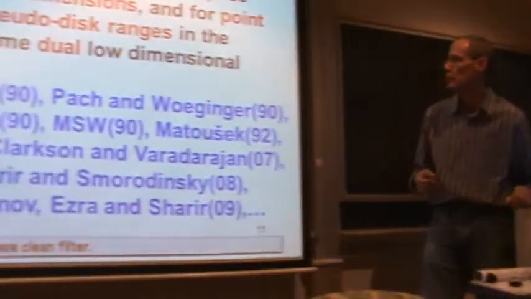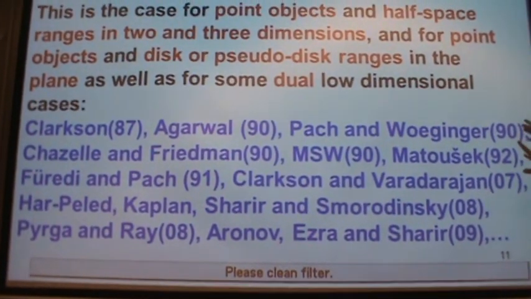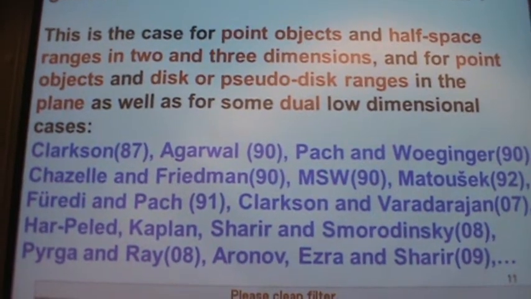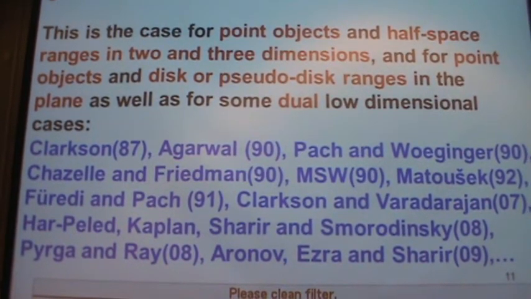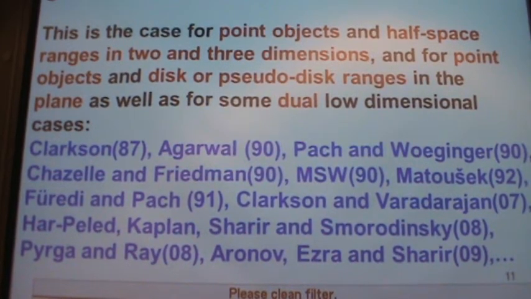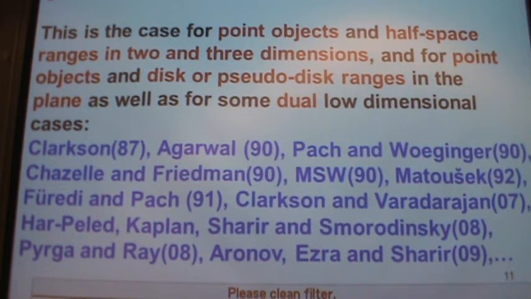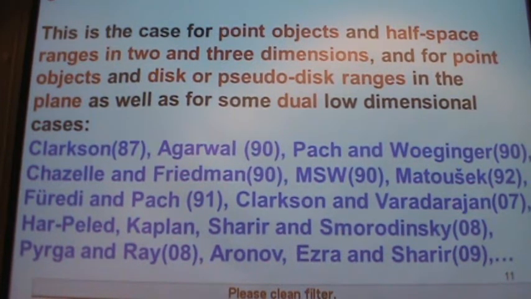worked on this. So I listed here some papers, there are more, and they all deal with some special cases. And in all these special cases, indeed, we don't need this log of 1 over epsilon. Namely, these are indeed very, very small epsilon nets. So I wrote here a few examples.